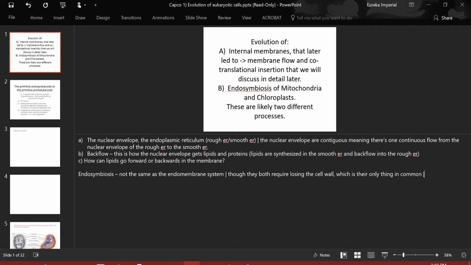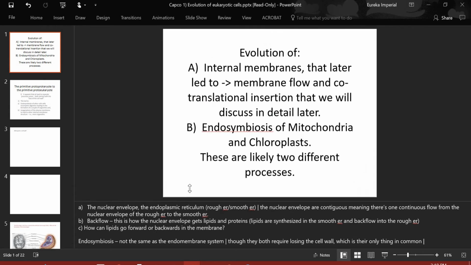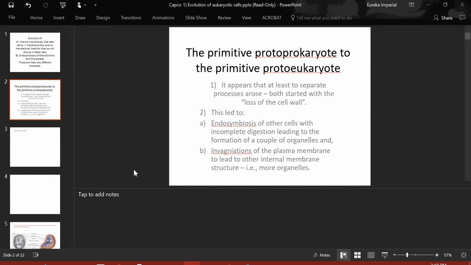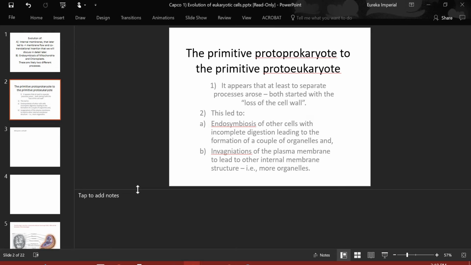So the primitive proto-prokaryotic cell had to go through a whole bunch of things to become the primitive proto-eukaryotic cell. Because those eukaryotic cells that existed 800 million years ago might not be alive now either. In fact, when you take classes that deal with evolution, they'll point out that life may have started on this planet hundreds of times, and some rock slide may have destroyed it.